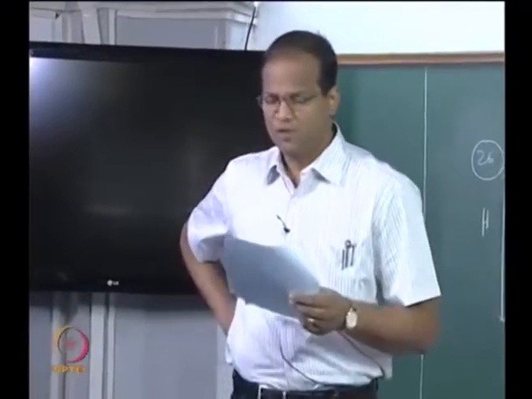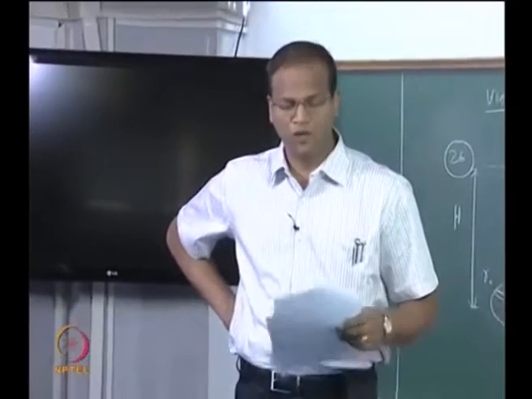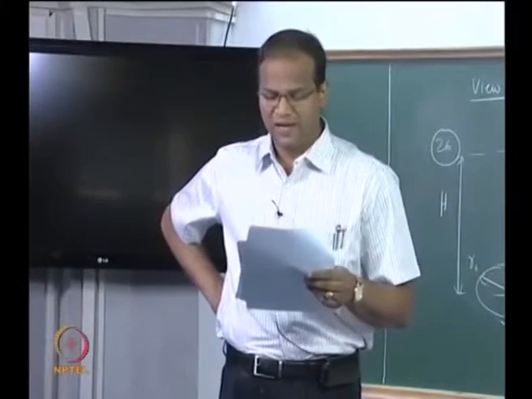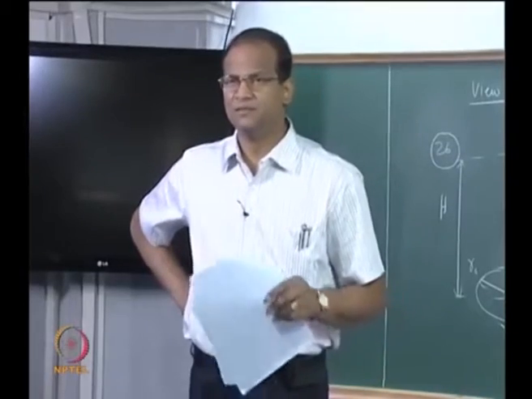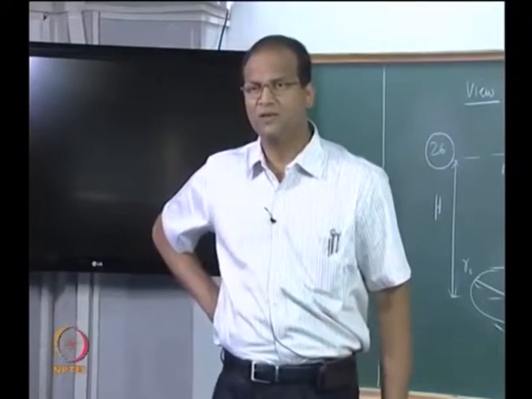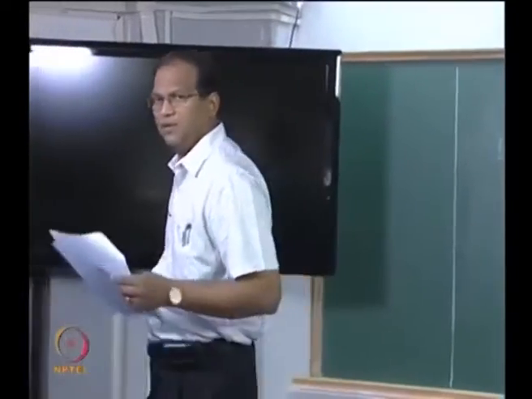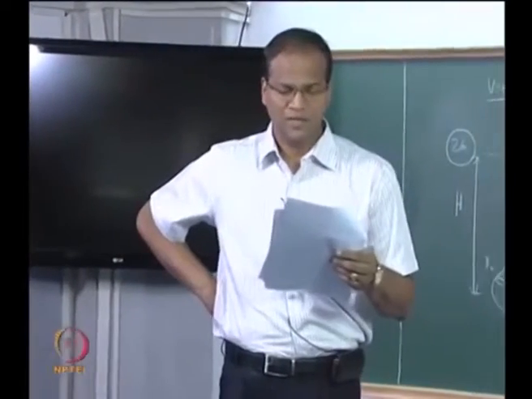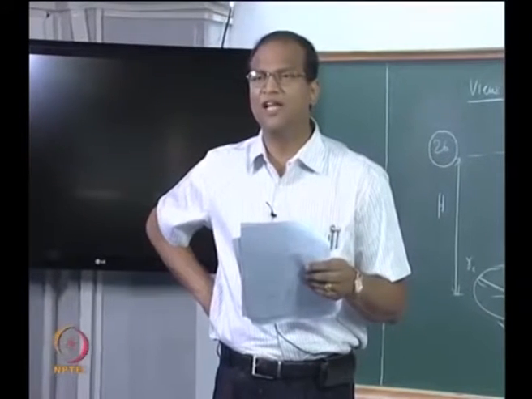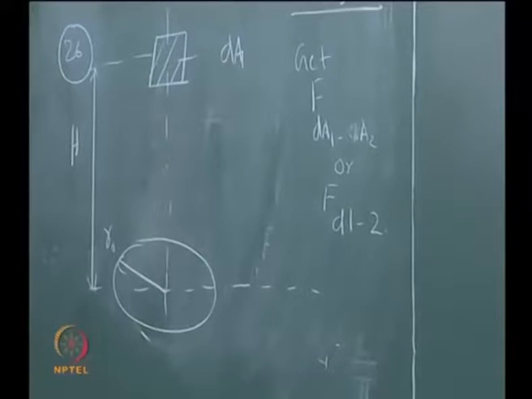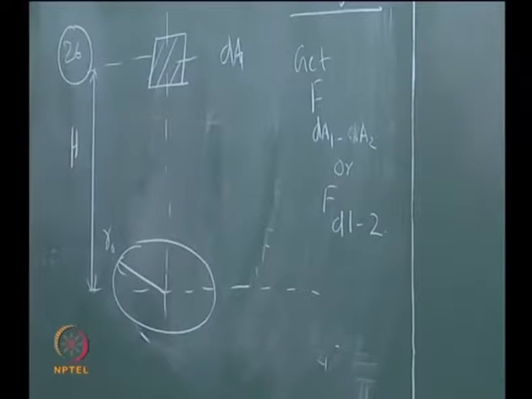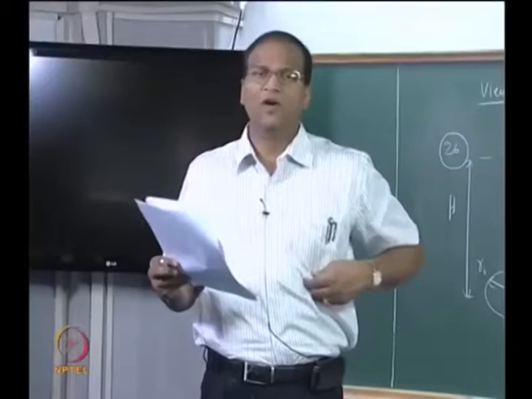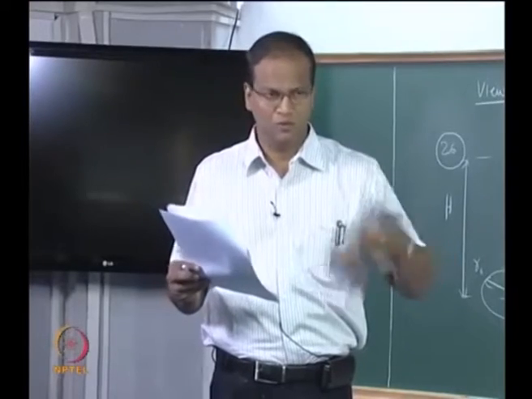So the problem can be posed as: determine the view factor dF12 between a differential area above a disk and a finite disk of radius r naught. Determine the view factor d1 dash 2. Why do I say d1 dash 2? That 1 is a differential area, so I qualify it as d1 dash 2, or you can take it as dA1 into A2, whichever way.